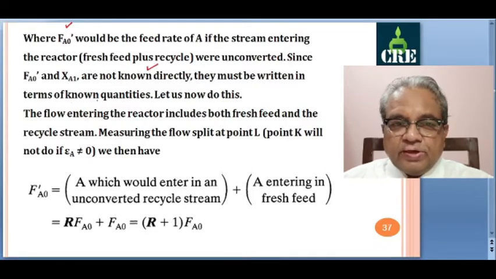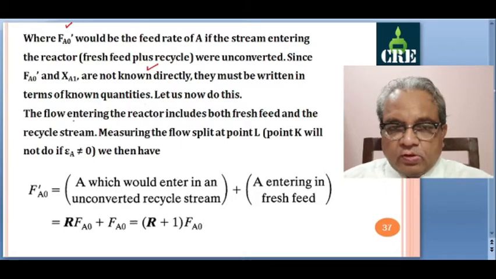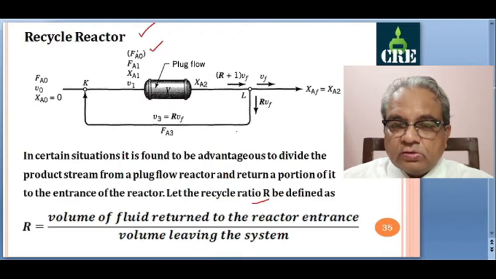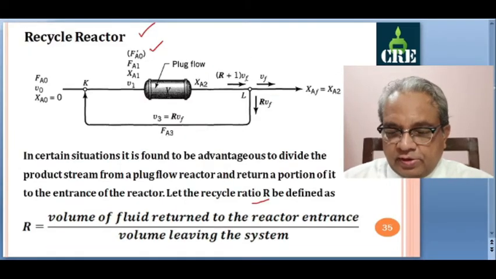They must be written in terms of known quantities. So we'll do this. The flow entering the reactor includes fresh feed and the recycle stream. Measuring the flow split at point L, here. Point L is where the flow is splitting.